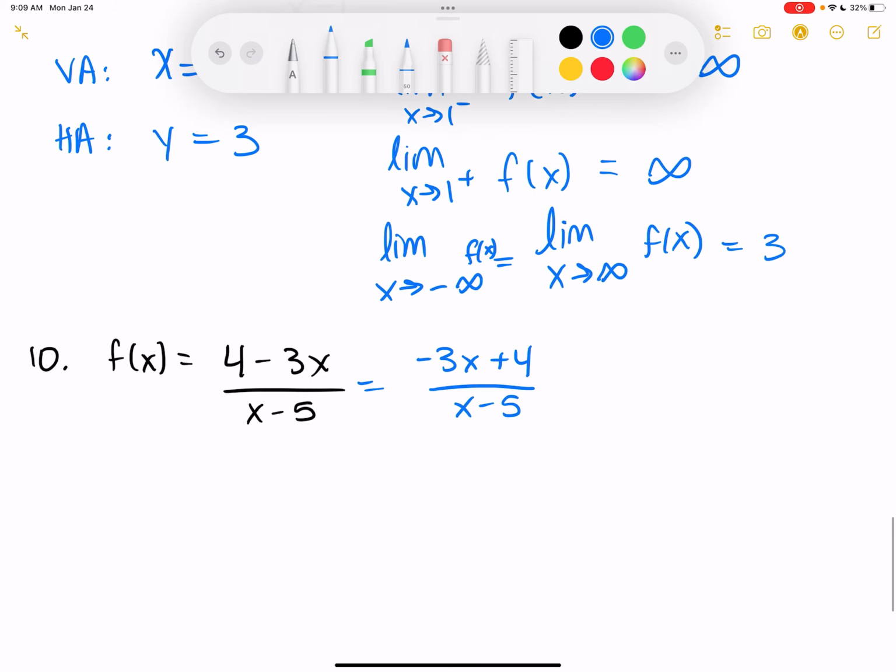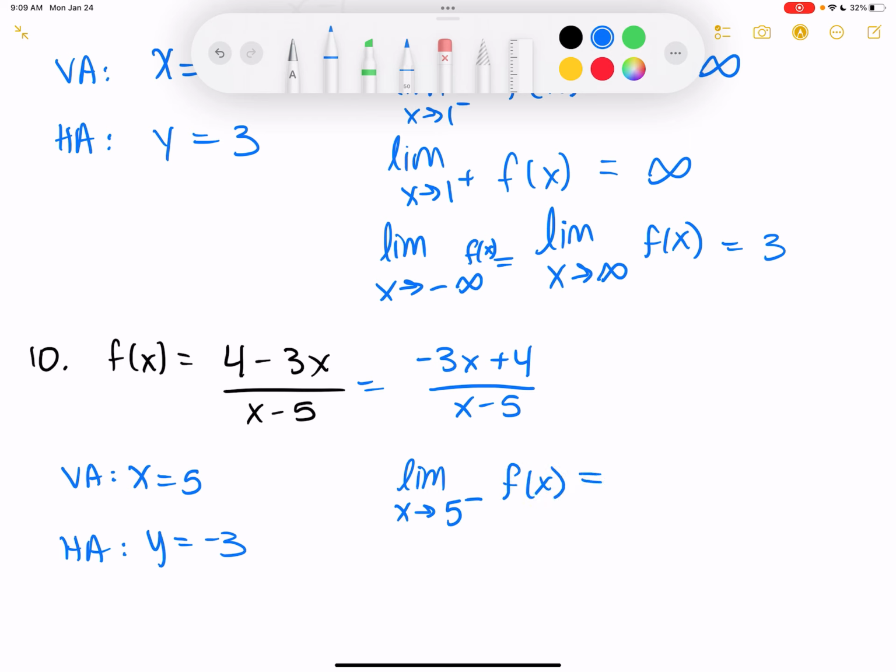So with this one, where's my vertical asymptote? X equals 5. How about my horizontal asymptote? Y equals -3. So then your limits: as x approaches 5 from the left of f of x is equal to what?